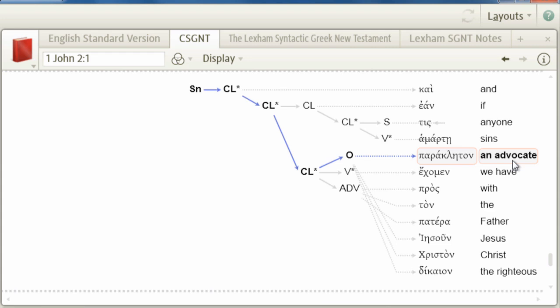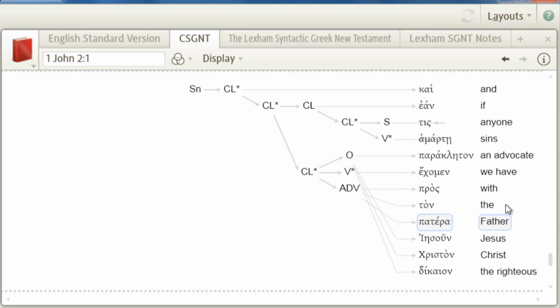Now remember how I said that patera, which is translated father, isn't being used in simple apposition? That's because it's working together with this preposition here. Pros, which is translated with, can take its object, in this case, ton patera, in the accusative case.